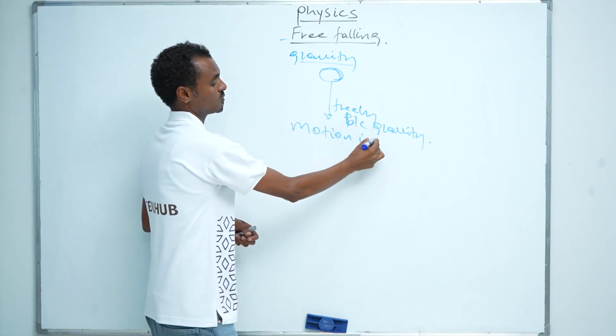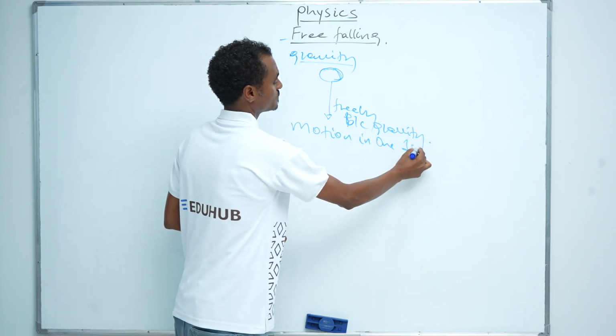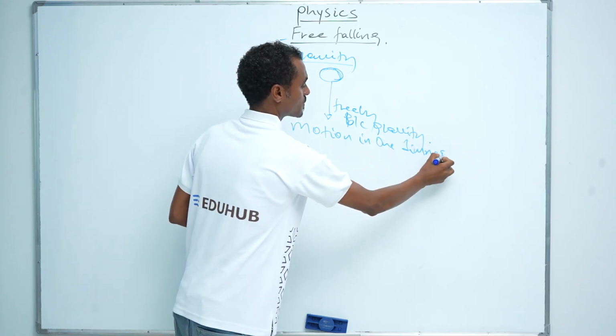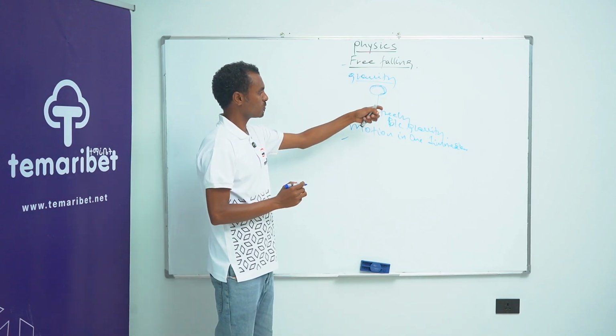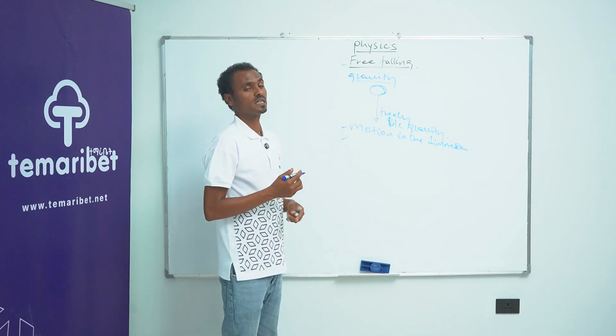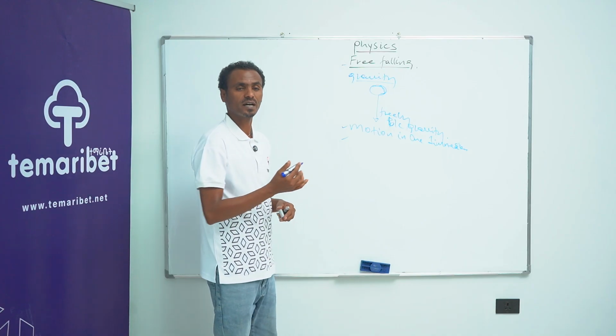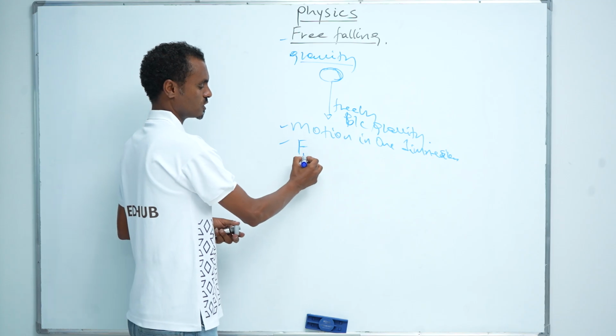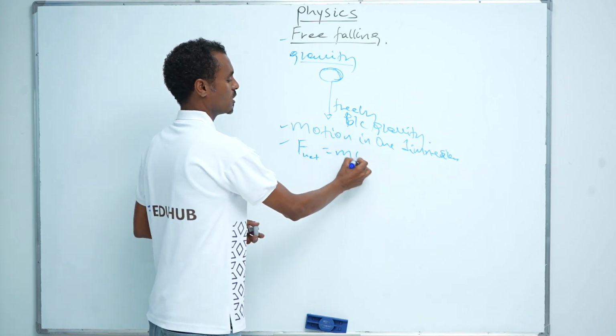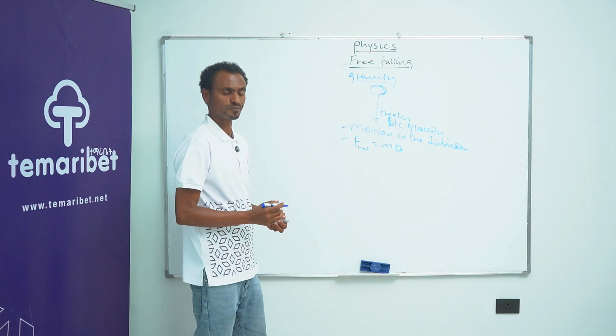Motion in one dimension. Because of the gravitational pull, an object that moves vertically downward gains an acceleration. Linearly, it is possible to treat the net force, which is equal to mass times acceleration.